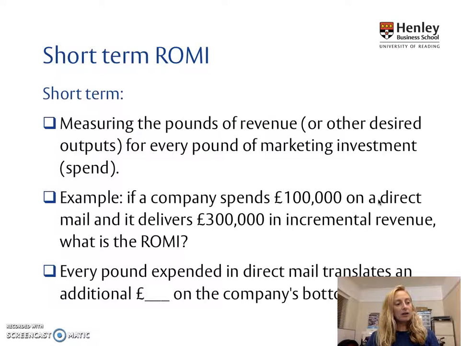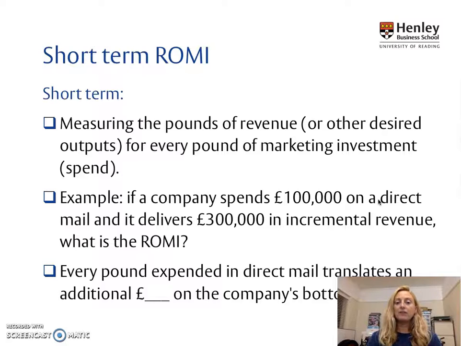Okay, so here I'd like to show you a small exercise. How can we do some calculations? Here the focus is short-term return on marketing investment, where we're measuring the pounds of revenue for every pound of marketing investment. So we're trying to say how much £1 invested into marketing gives us in return.